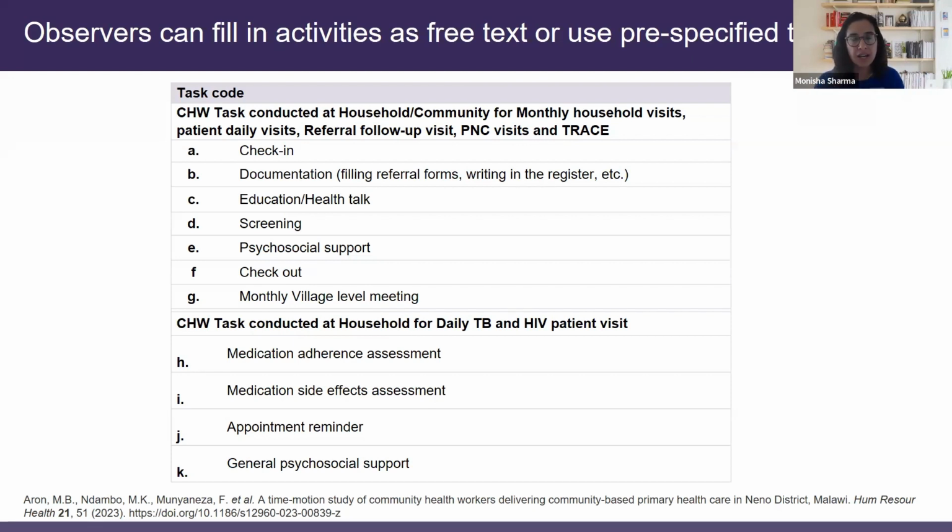You can also create pre-specified activity codes. So here in this paper, they used these task codes, so A, B, C, D, all the way down to K, and the observer would fill in these pre-specified codes into their observations. And a lot of times when you train someone to do time and motion, some people might write much more detail.